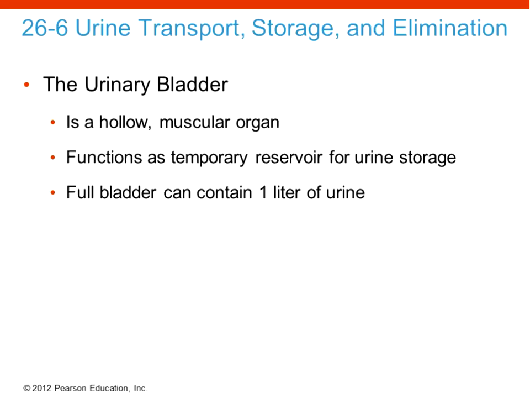Once it moves from the ureters, urine empties into the urinary bladder, which is a pretty large, hollow muscular organ, essentially a temporary storage device. The bladder can hold about a liter of urine, and as it fills, it's going to distend, and the smooth muscle will be stimulated and start contracting, and that's when we'll release it.